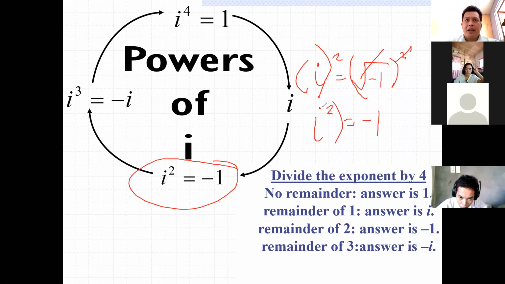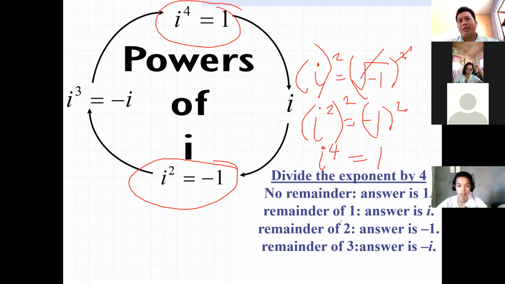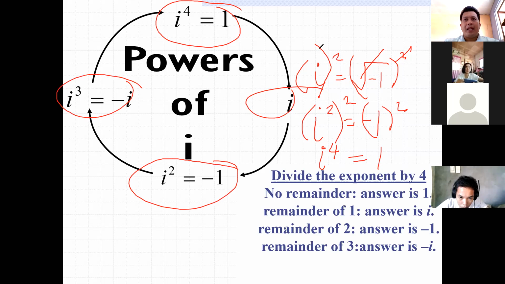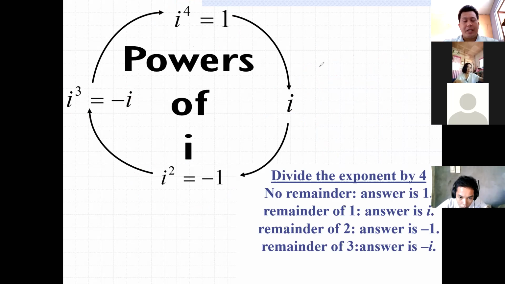And if you still further raise both sides to the power of 2, i squared to the power of 2 is equal to i to the power of 4, and negative 1 squared is equal to positive 1. Therefore, i to the power of 4 is equal to 1. Of course, these values are just simply taken from the main i solution. i to the power of 3 is negative 1 times i, which is negative i, and the like.